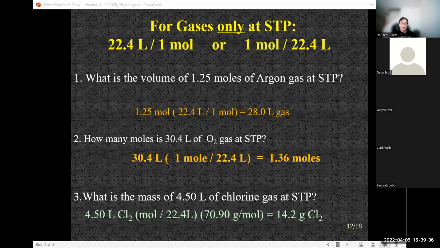All right, so 4.5 liters would have a weight of 14.2 grams at STP. Again, none of these calculations would work if you are not at STP.